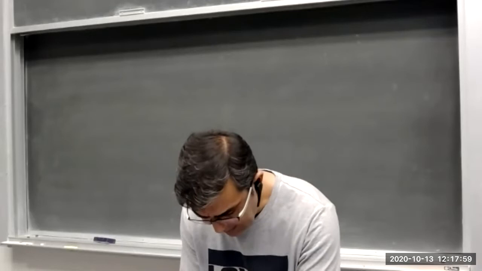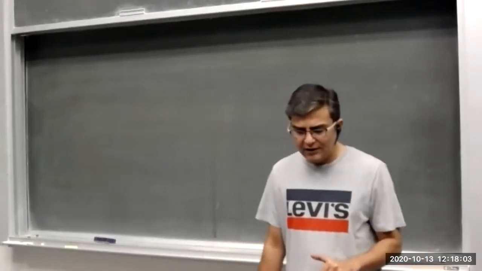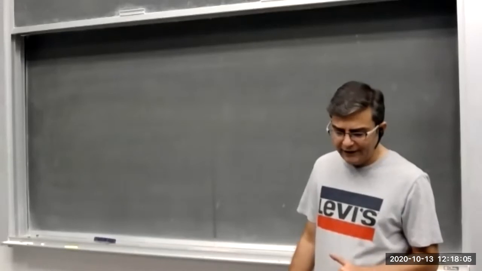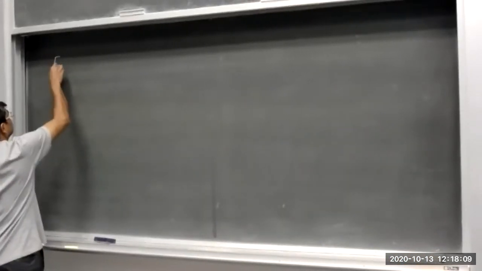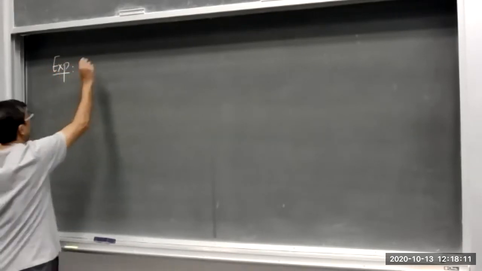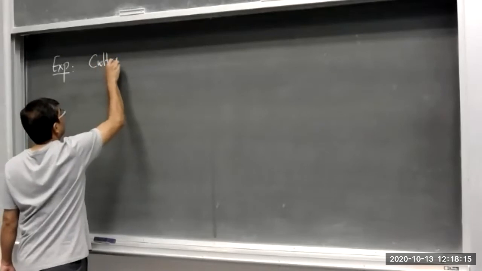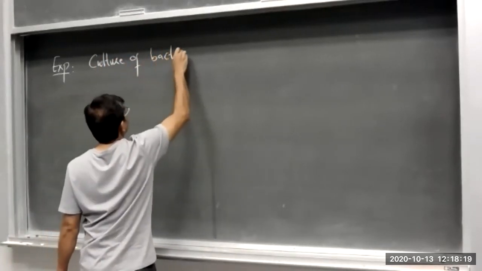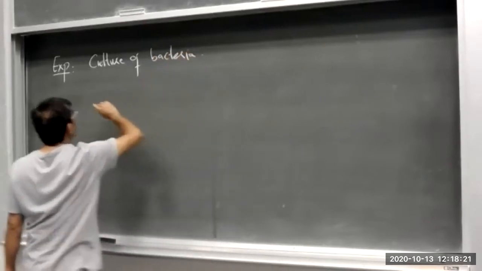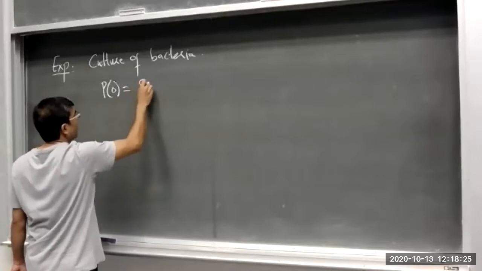So, a culture of bacteria grows proportional to its current population, if the initial population is 500 bacteria. Now, in this example, it's a culture of bacteria. Initial population, P at 0, is again 500.